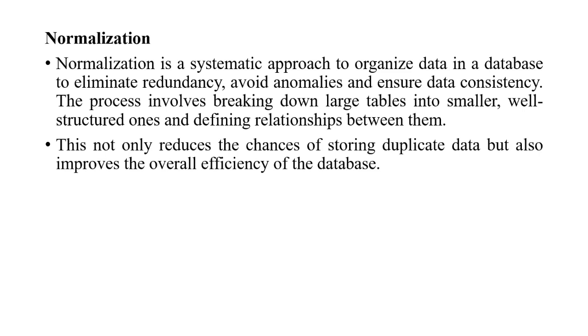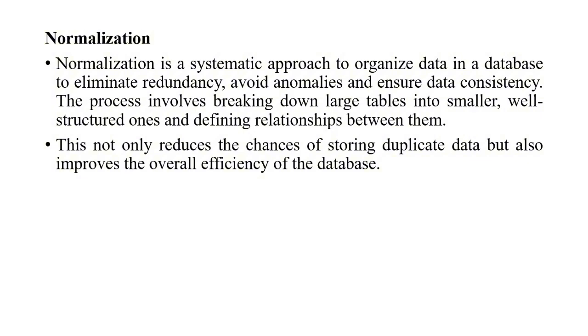Basically, normalization involves breaking down large tables into smaller ones, so that the data can be stored efficiently and we can also retrieve the data very well. So it is well structured and it also defines the relationship between them. The main purpose is to define the relationship among them, so it involves decomposing the larger data tables into smaller ones in order to establish and maintain the relationship between the data.